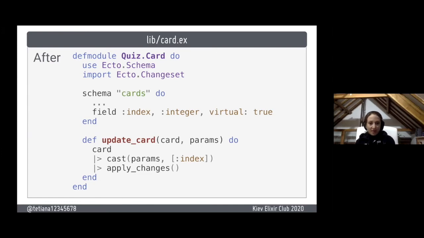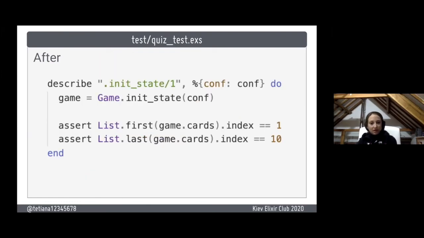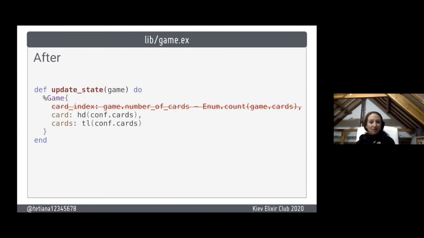There is another benefit. As we only set up data once, we don't need a test on update because we tested the init, and that gives us confidence that things work. And there is no more card index which we need to manage within the game. So moving towards using structs to manage data helped with readability and confidence.